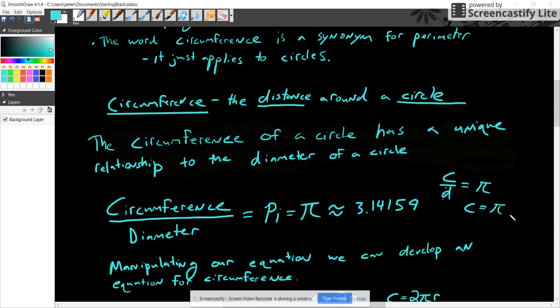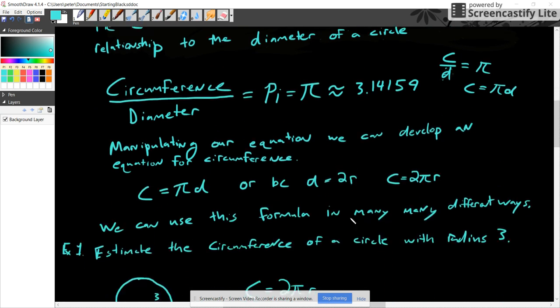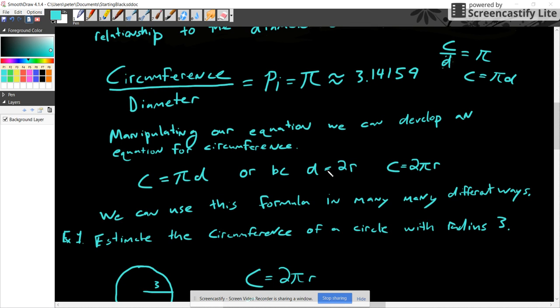So circumference is equal to pi d. And here we can see diameter is just the same as 2 radii. So if diameter is equal to 2 radii, then C is equal to 2 pi r. This is the equation for circumference we're going to see over and over and over again. But it's very easy to go back to our original equation for circumference.